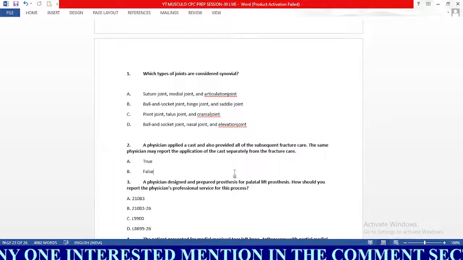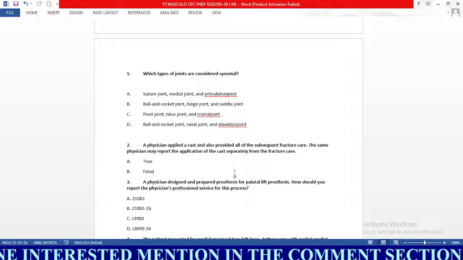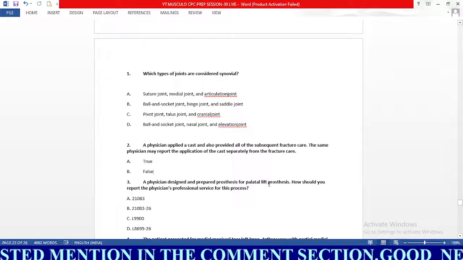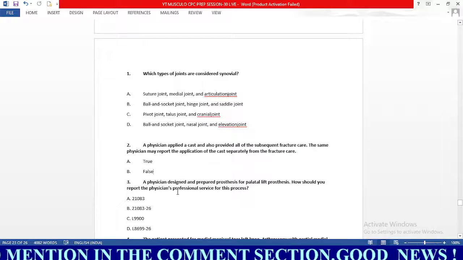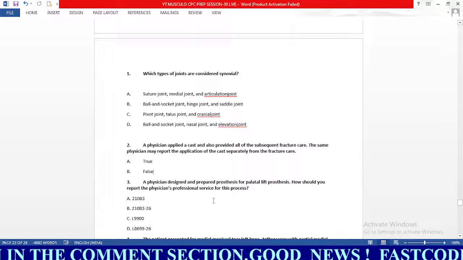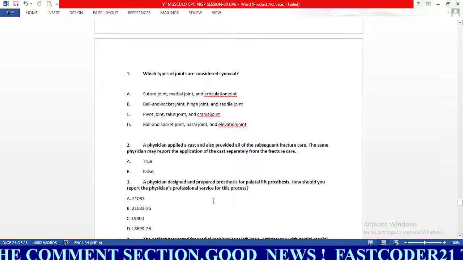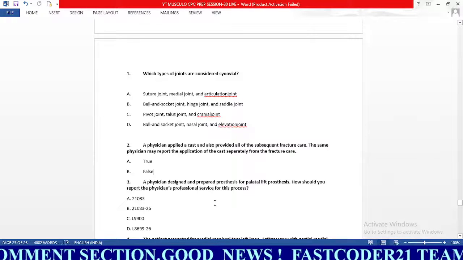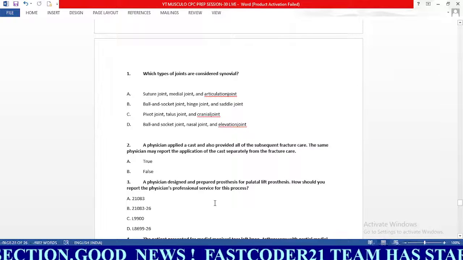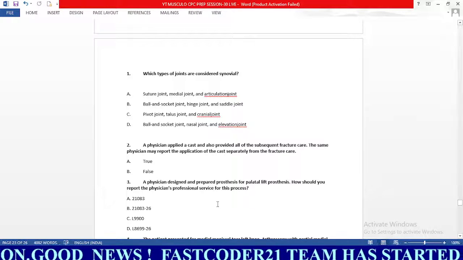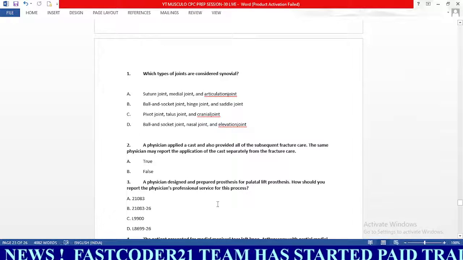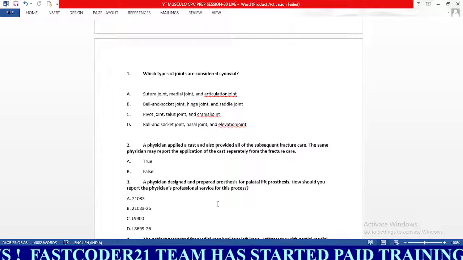So 9:33 now. A physician designed and prepared processes for partial lift processes. How should you report the physician professional service for this process? Basically for this process, our code is 21083. Based on our question, they are asking for physician professional service, so there we need to add the 26 modifier.